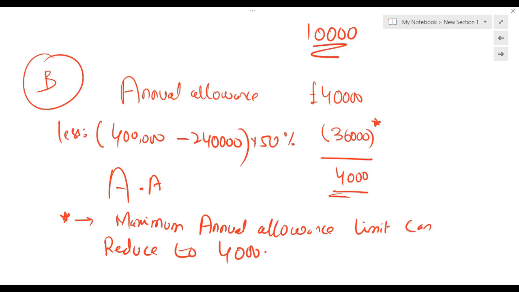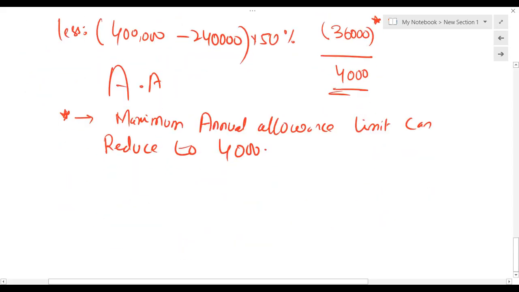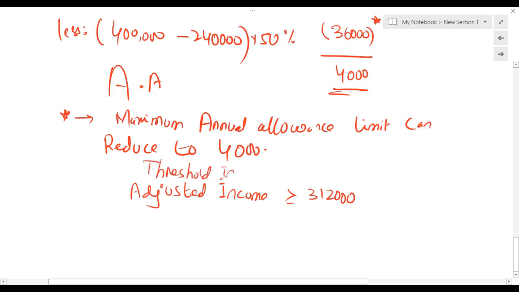The minimum annual allowance limit is going to be 4,000, which means any individual who has adjusted income greater than or equal to 312,000, obviously with threshold income more than 2 lakh, gets an annual allowance of 4,000.